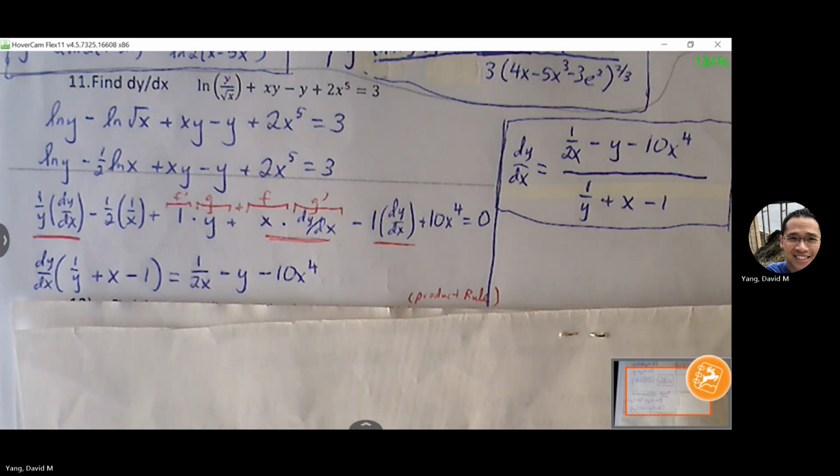Can you put the 2x at the denominator? Oh, put this 2x down here. We can't, you know why? Or can we not bring that 2x down here?